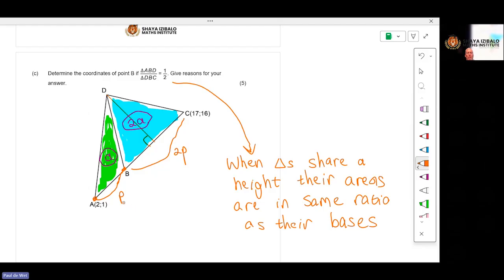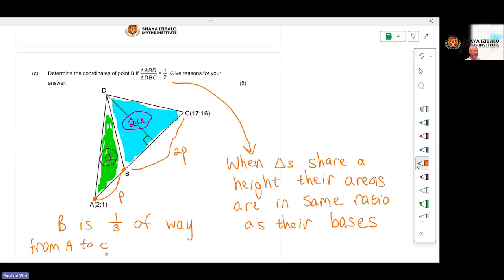So B is 1/3 of the way from A to C. Who can tell me how to find that? B is 1/3 of that distance.